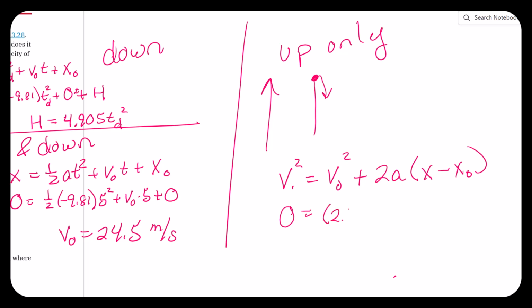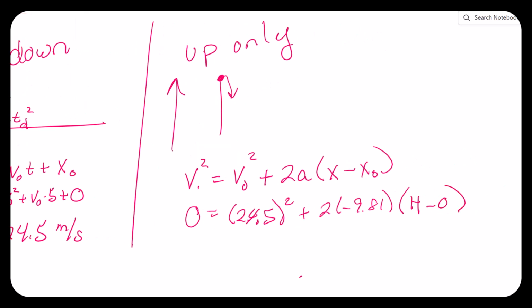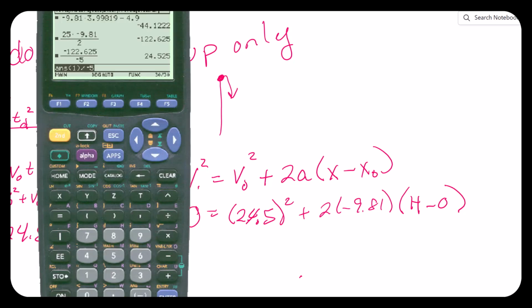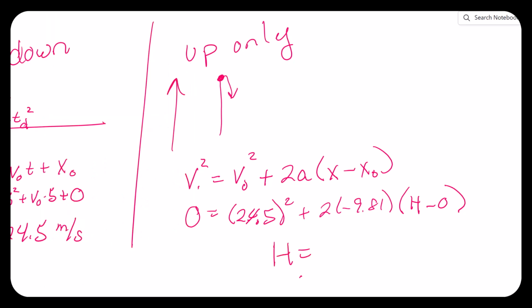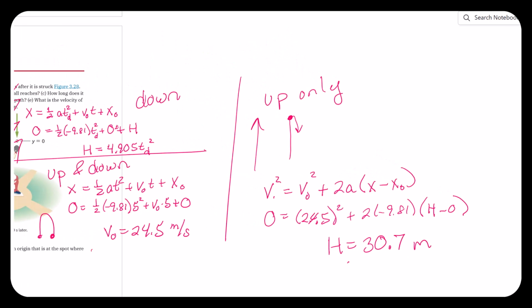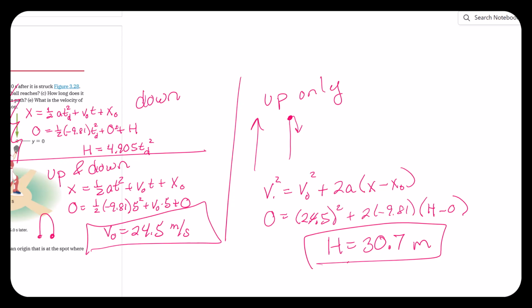I have my initial velocity, and 2, negative 9.81, and I don't know my height, but I know I start at 0. And so now I can do some math. 24.5 squared divided by 2 times 9.81, and that gets me a height of 30.7 meters.